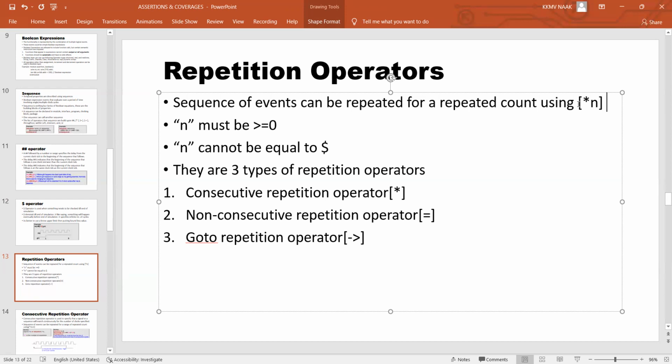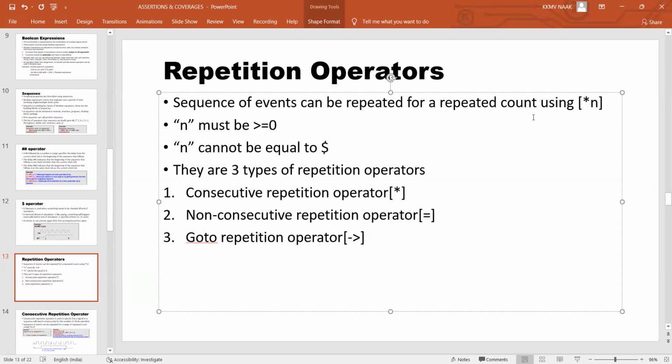Okay. So the symbol is like this. You have 3 types of repetition operators. Those are the consecutive repetition operator, this is the symbol for the consecutive repetition operator, this is the symbol for the non-consecutive repetition operator, and this is the symbol for the go-to repetition operator. After the symbol star, you have to give any number of times, n.